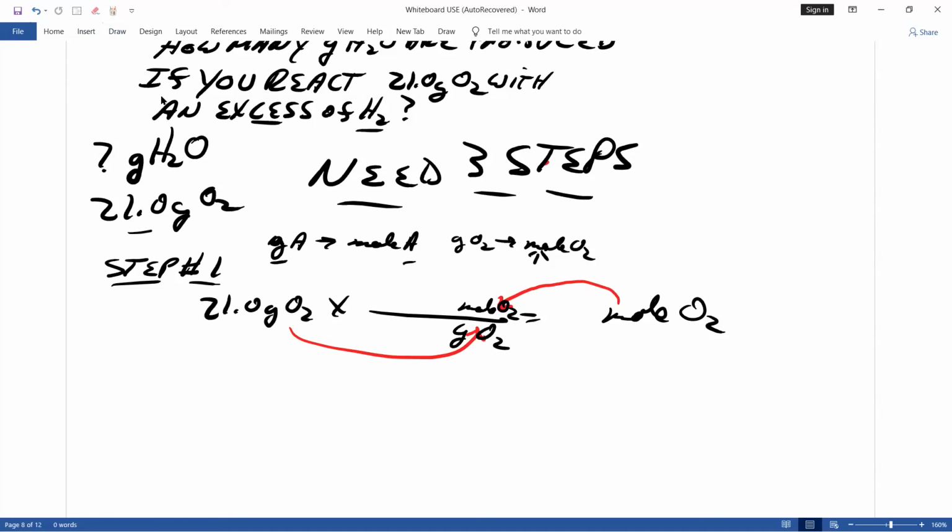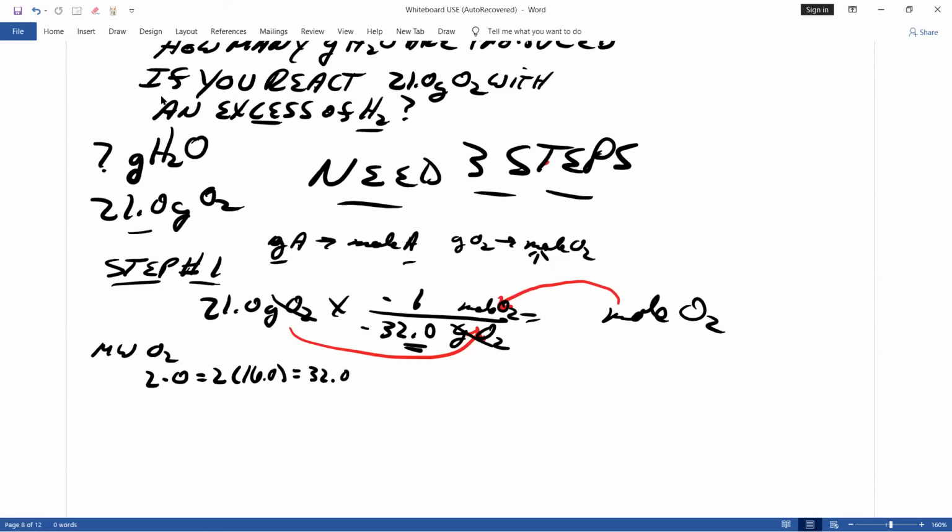And where do I get that? 1 mole of a compound equals the molecular weight, and the molecular weight of O2 is 2 oxygen times the atomic weight, to 3 significant figures, and that's 32.0. 1 mole of a compound equals its molecular weight. And notice grams divided by grams of oxygen cancel, and we're left with the right unit.